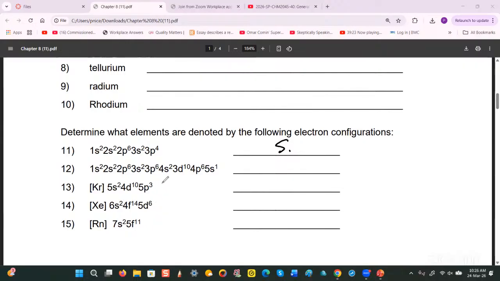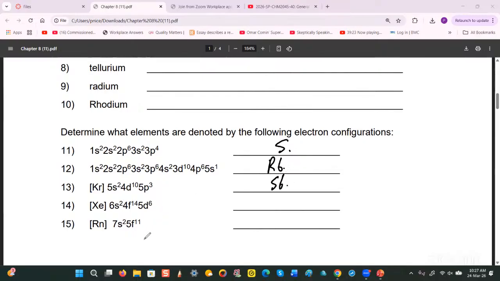All right. So, what about number 12? Rubidium would be correct. If you add them up, you're going to get the atomic number of rubidium, which is 37, right? What about number 30? Antimony is correct.